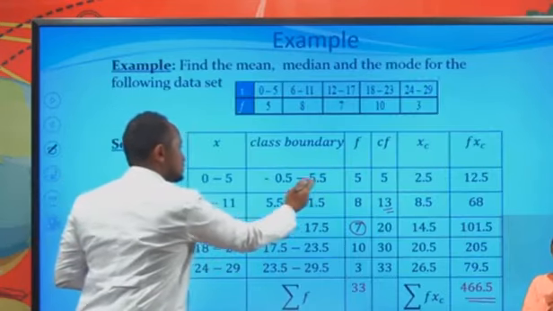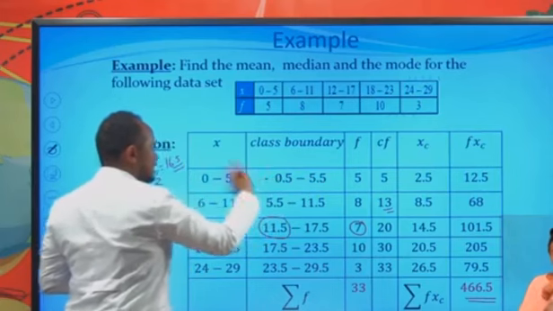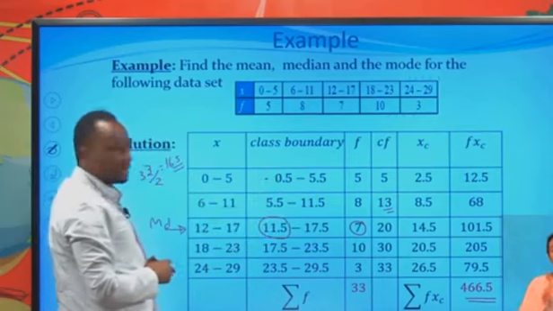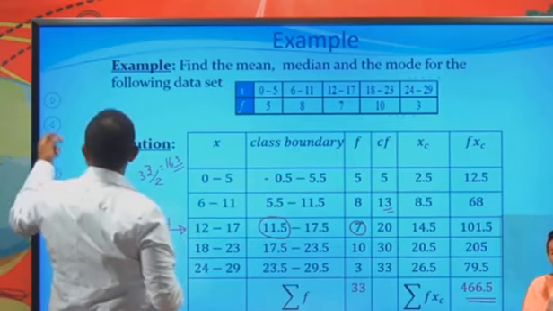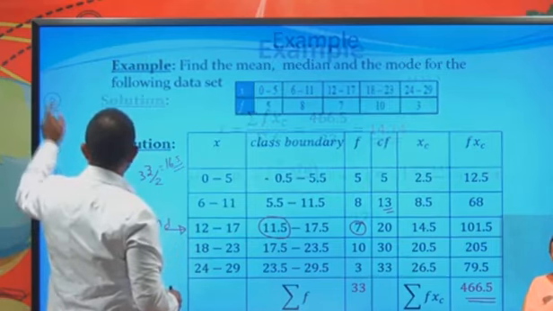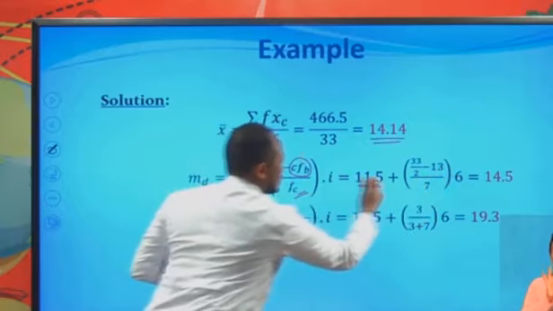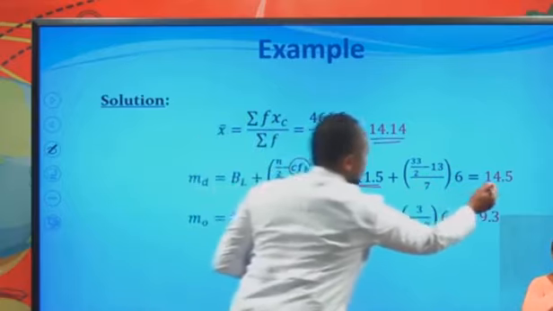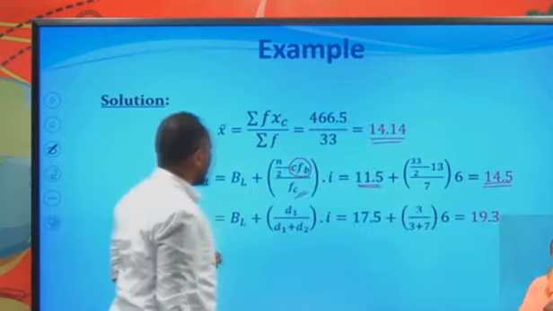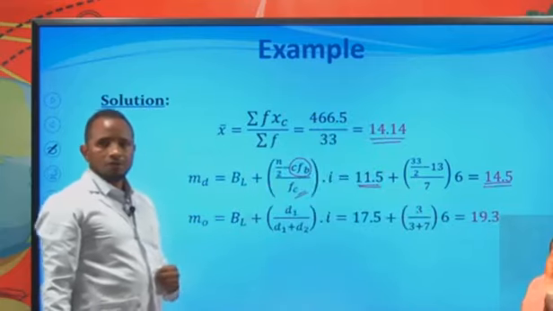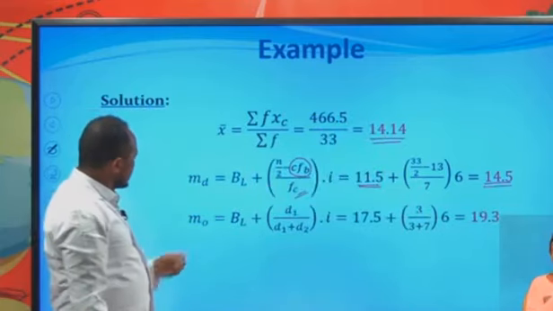Simply take the difference between the boundaries: 5.5 minus negative 0.5 gives you 6. When you evaluate this, you get 14.5. Therefore, the median will be 14.5.